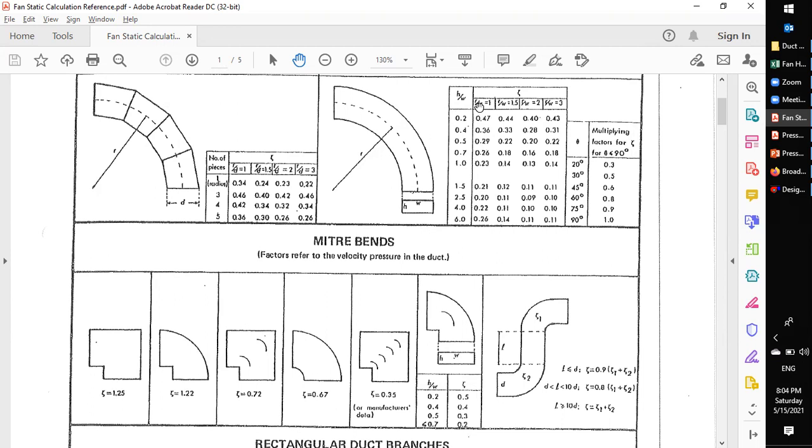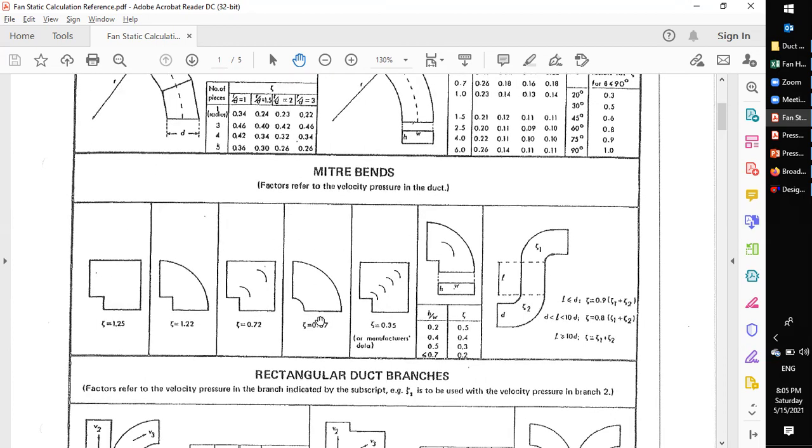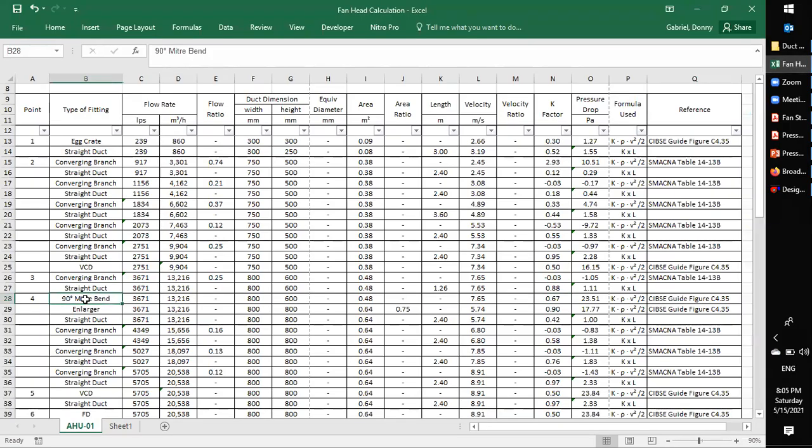And then the radius and width ratio is about 1. So here, 0.2 times 90 degrees, 1. So your K factor is 1. This one if you have a different angle on your bend, this one if you have a 90-degree bend. So there, we're done with the 90-degree bend.